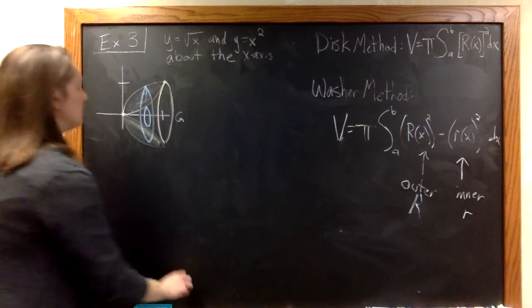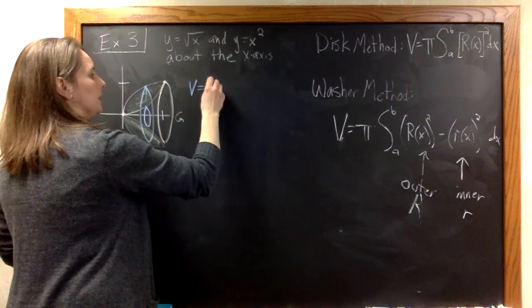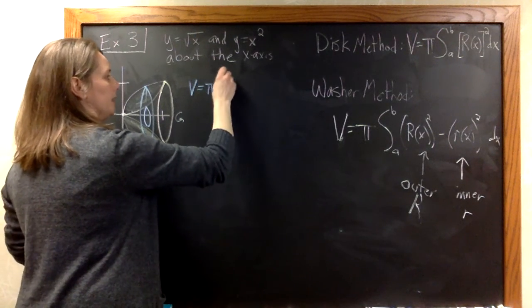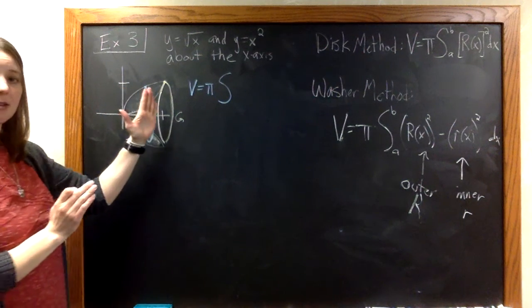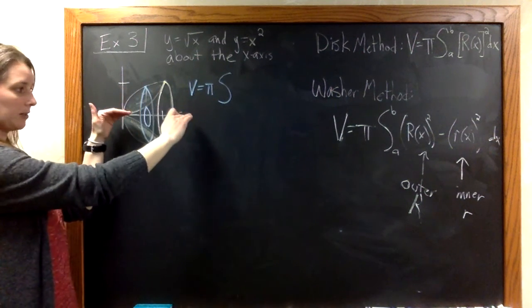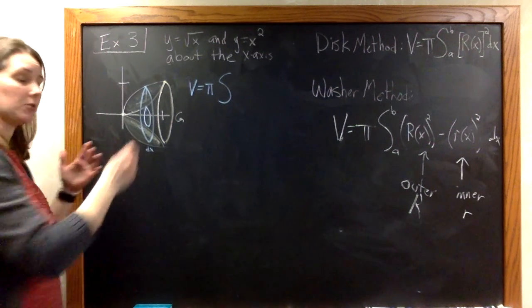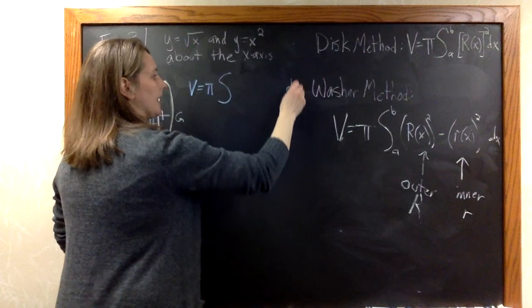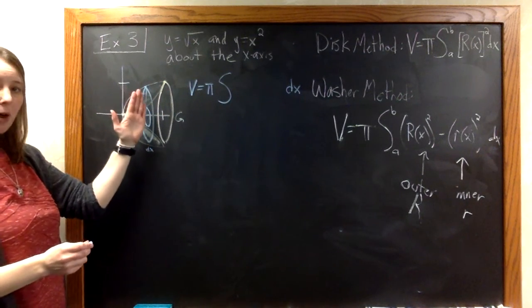All right, so to do this problem, we need to find volume. It's going to be pi r squared. So when we slice this, we have a horizontal axis of rotation. When we slice this, all of our discs are in the x direction, so our problem is going to be dx's. And we want to think about each individual washer that we have in here.